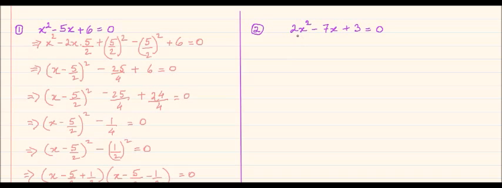Now over here the first term is not a perfect square term. But we want this to be a perfect square term. How can we make this to be a perfect square term? We will be multiplying by 2. Whatever is the coefficient, if it is not a perfect square, multiply with that very number so that it becomes a perfect square.